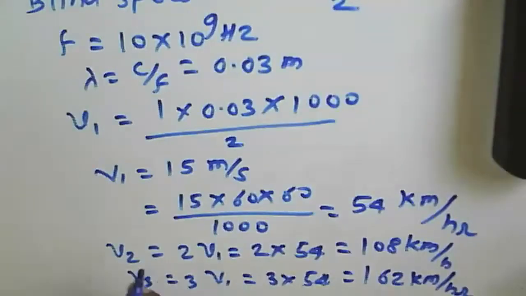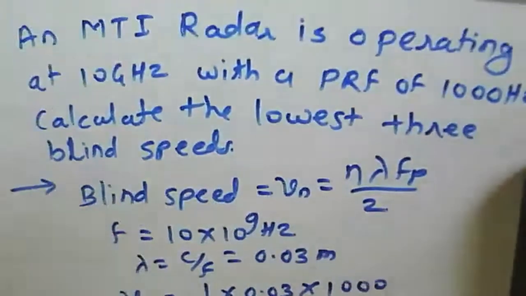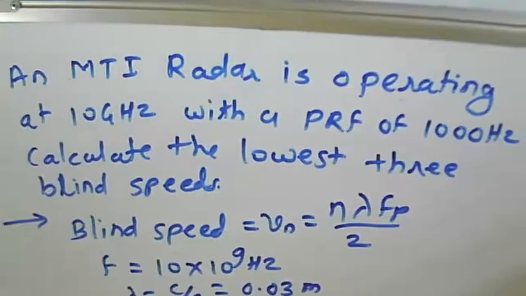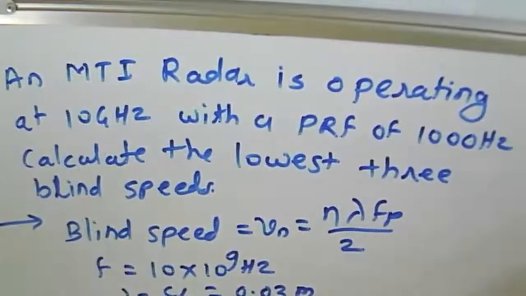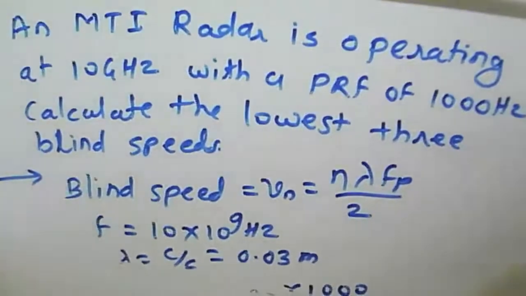This way we can find the blind speed for the given radar.